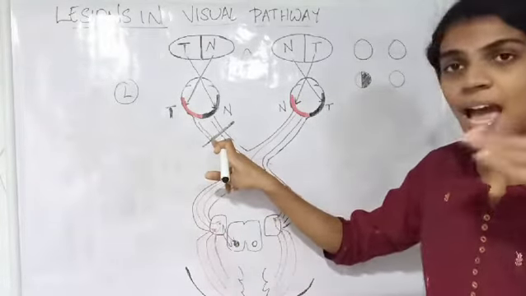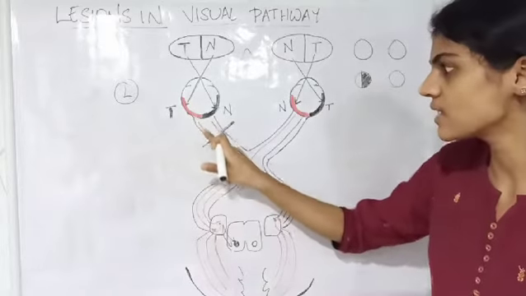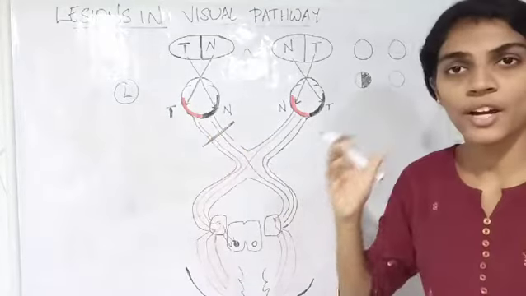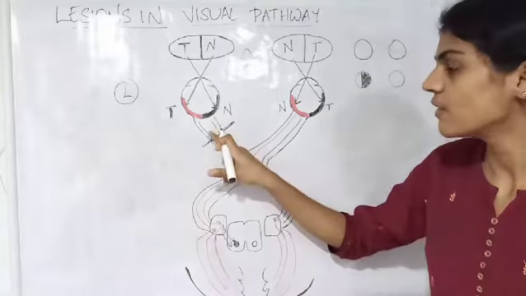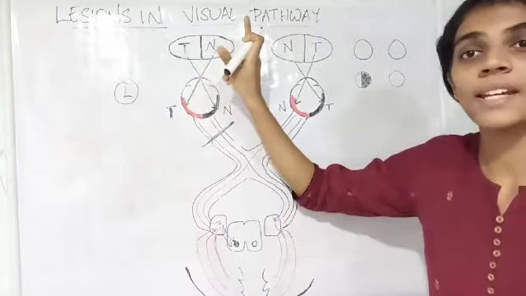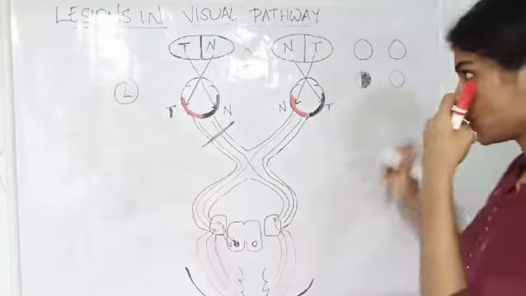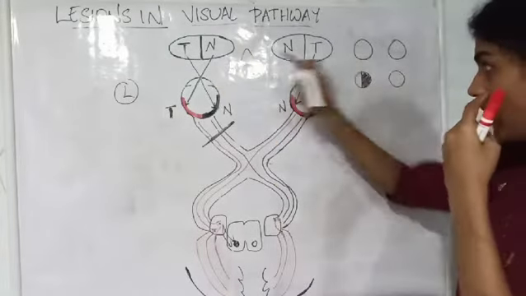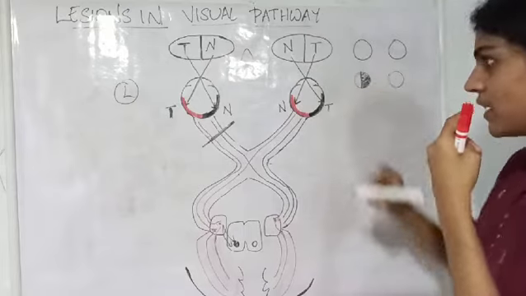It is getting damaged at this point, so these nerve fibers will not be conveyed into the brain. So when these nerve fibers are affected, which field of vision is affected? It is the nasal one, the nasal field of the left eye. That means this is the affected area.